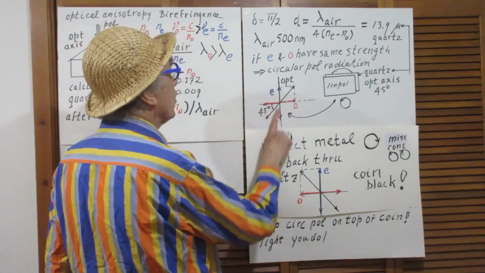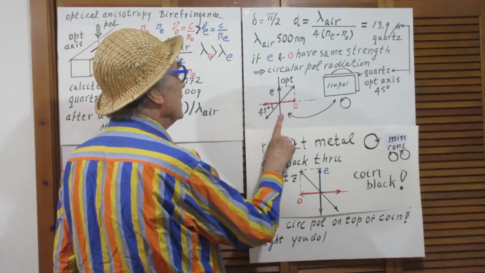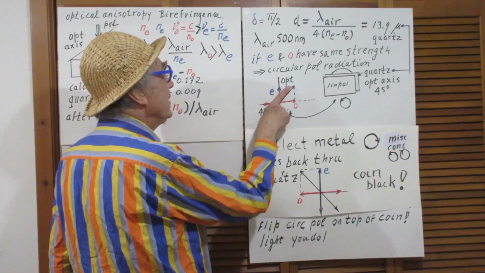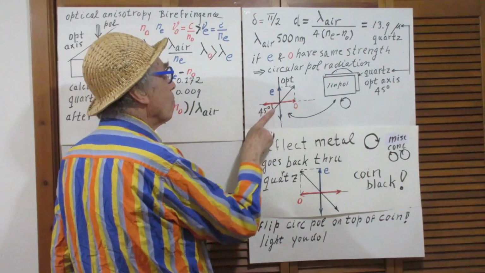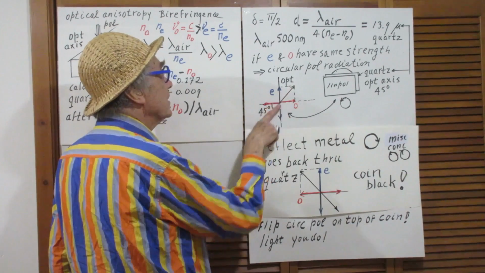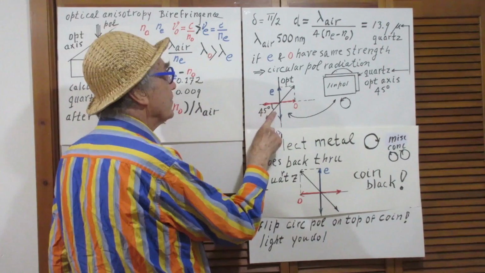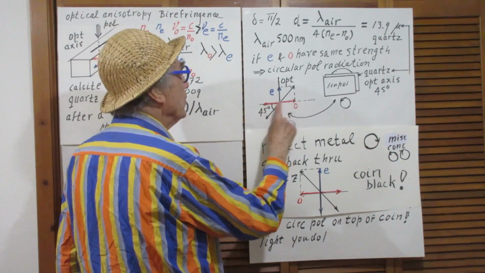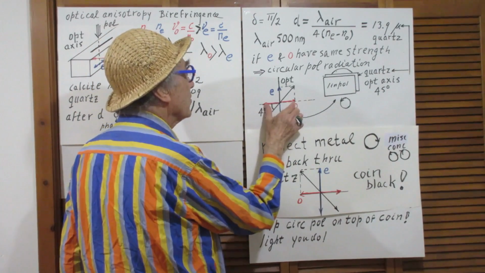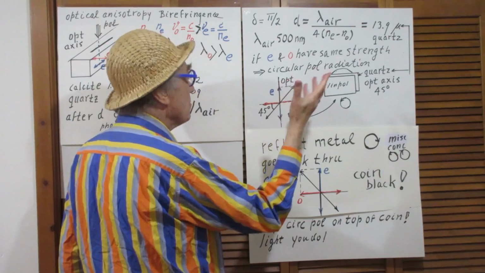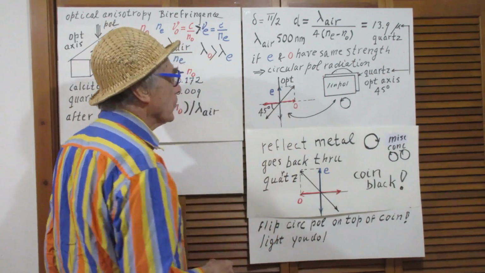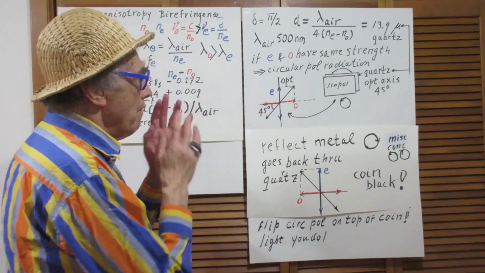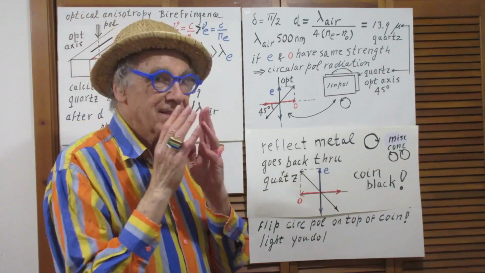If this is the optical axis, and if the light that we shine in is linearly polarized in this direction, at an angle of 45 degrees, then the O component has the same strength, the same maximum E vector as the E component.